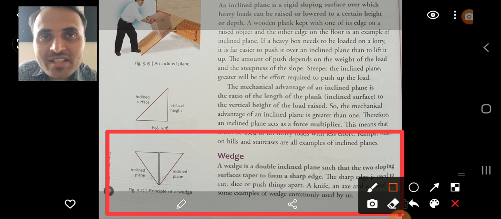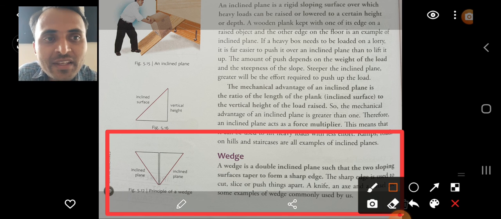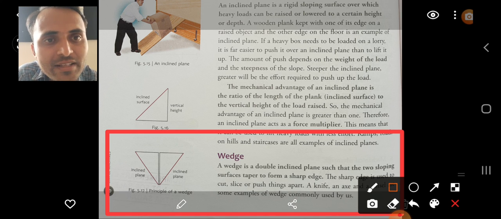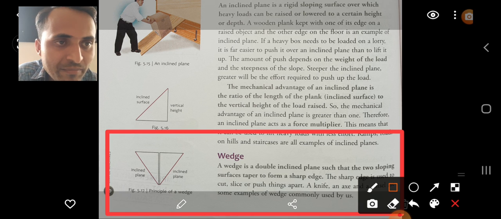Okay, so a wedge is simply the combination of two inclined planes. They are sloping and they also taper, and when they contact each other at that surface, they form a sharp edge, and that sharp edge is used for the cutting action.